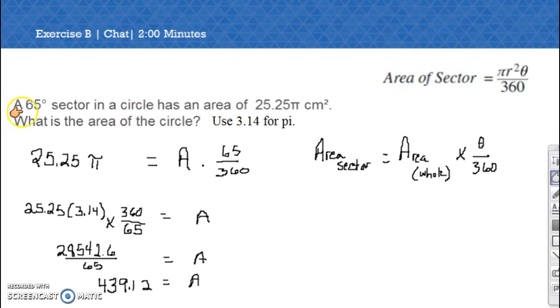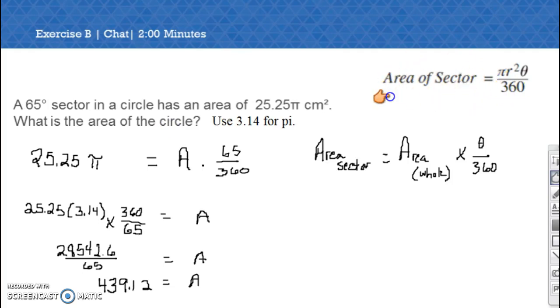All right, this one says a 65-degree sector in a circle has an area of 25.25 pi. What is the area of the circle? Here they want the area of the entire circle, and they've given you the area of the sector.